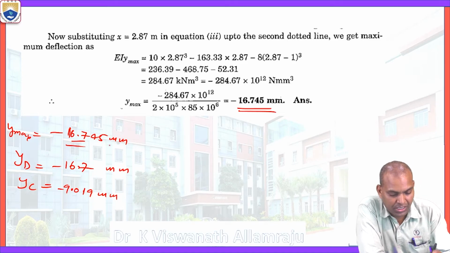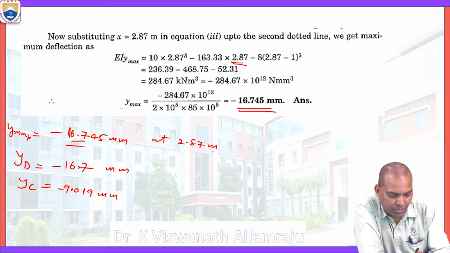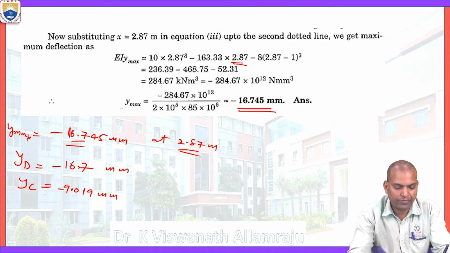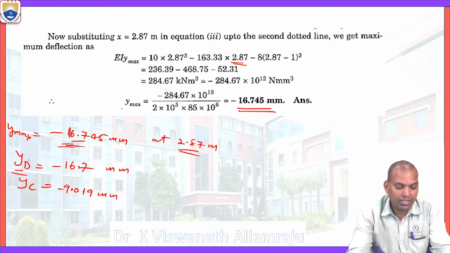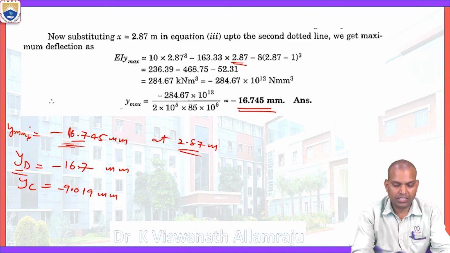At 2.87 meters from the support, the deflection is 0.045 more in comparison to the deflection at D. So here the maximum deflection is occurring at a distance of 2.87 meters.